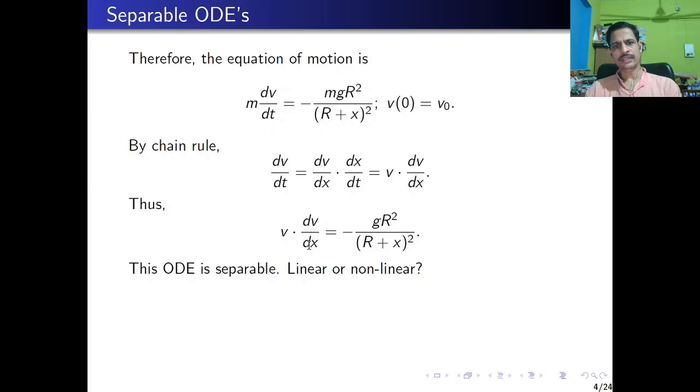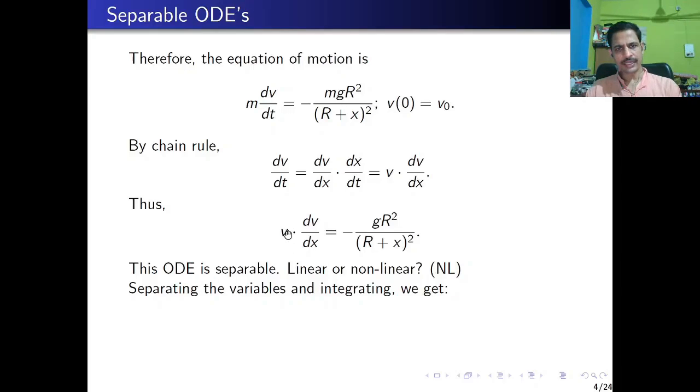Whenever such a thing happens, we know that it is non-linear. So NL for non-linear. Now we separate the variables and integrate it. So we keep the variable related to v on the left hand side, so v dv, and dx on the other side with the expression here.